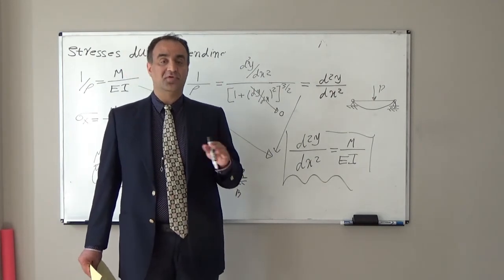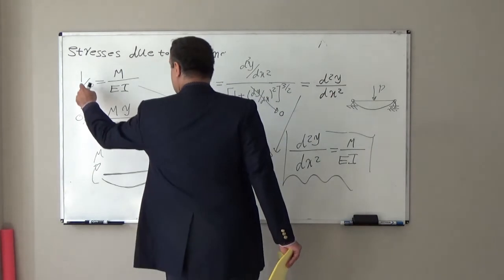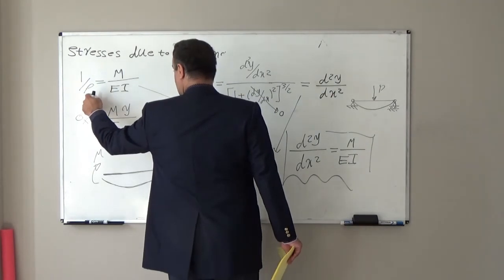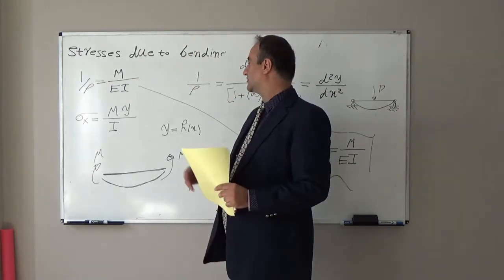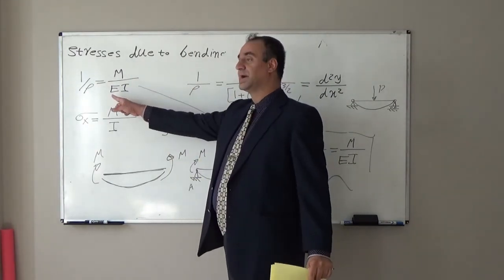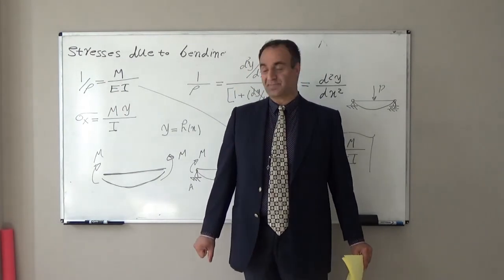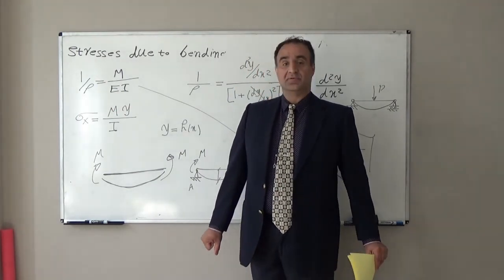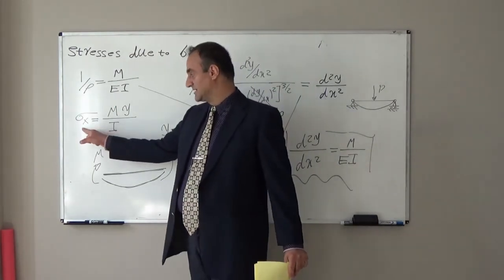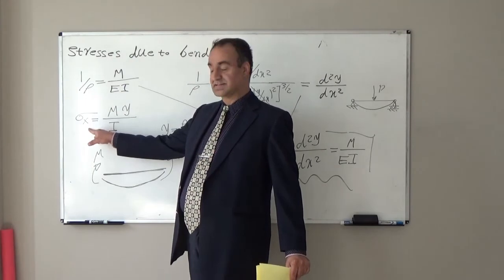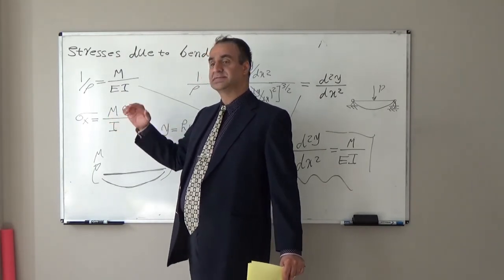So 3 formulas are very important this session. One of those is curvature 1 over rho. Rho is radius of curvature. 1 over rho, we call it curvature, is equal to bending moment divided by EI. E is Young's modulus and I is moment of inertia. Normal stress due to bending moment in cross section is equal to bending moment times y, the distance of fiber.